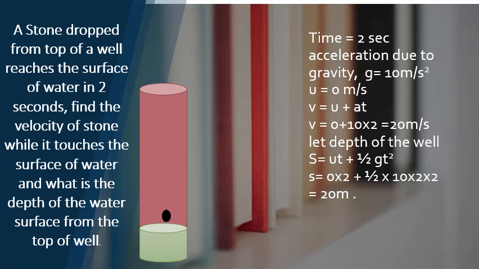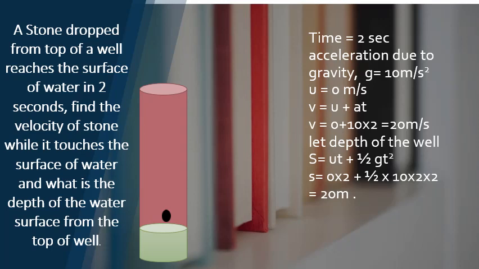So again we will use the first equation of motion, v is equal to u plus at. Time is given, initial velocity is there, calculate the final velocity. Then let the depth be s. Here we have to calculate the depth of the water, isn't it? So s is equal to ut plus half gt square.